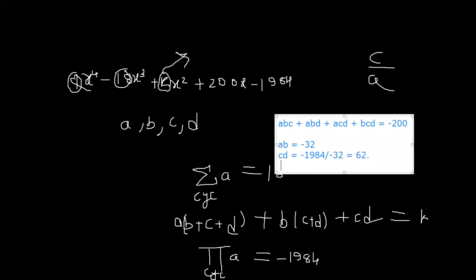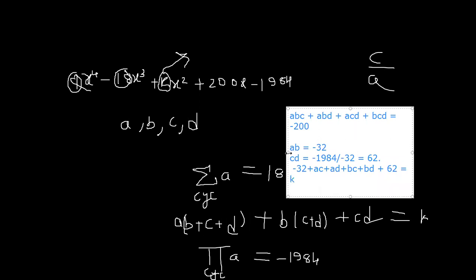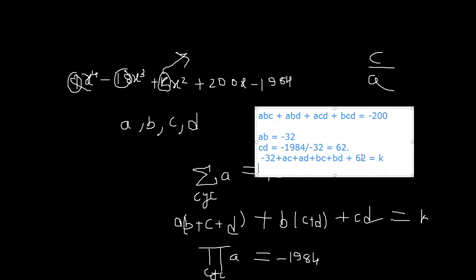Now putting this relation in one of the equations, that is minus 32, the product of roots taken 2 at a time, plus ac plus ad plus bc plus bd plus 62 is equal to k. This was the relation, equal to k.